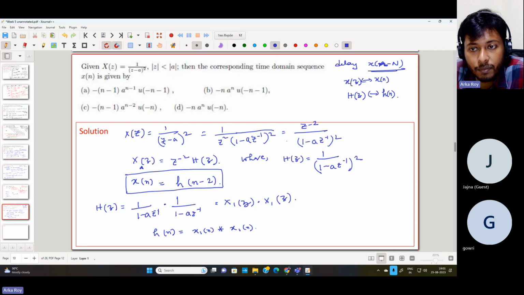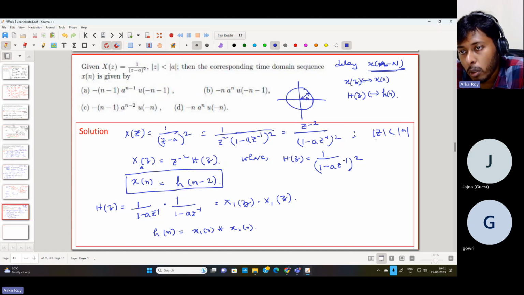Along with that, they have also written that mod z is less than mod a. This is the ROC. So let us consider this is the Z plane and this is the circle with radius a.